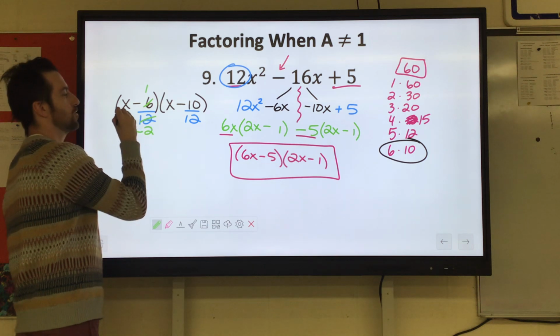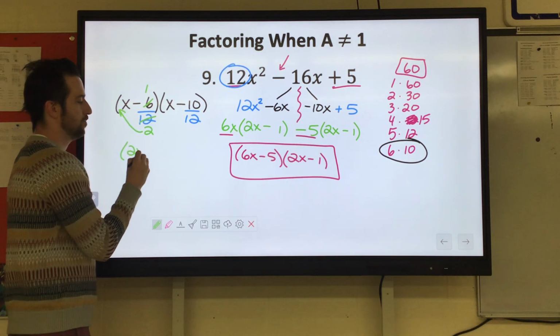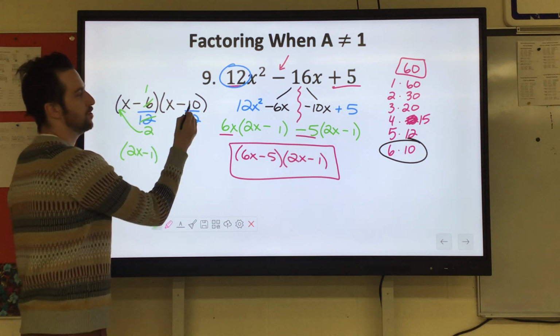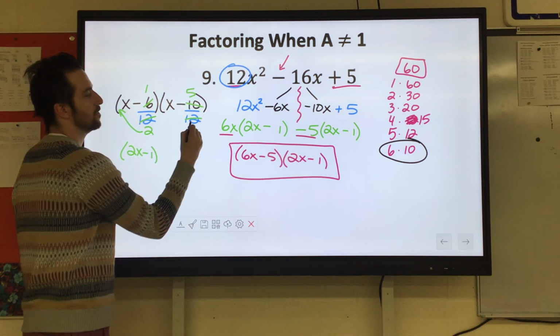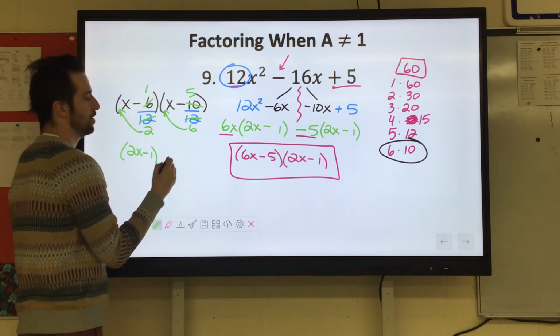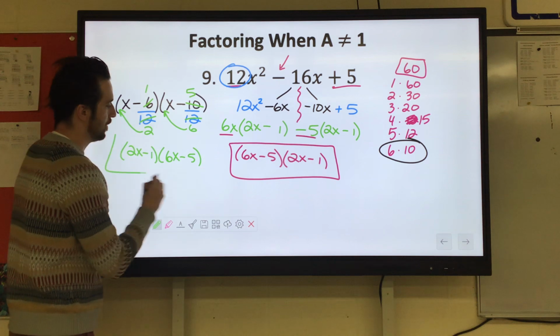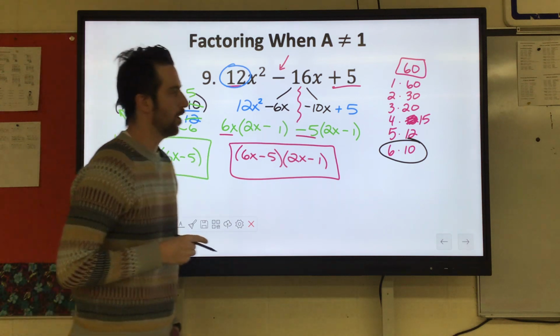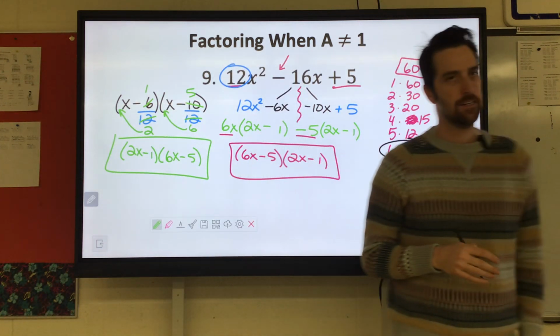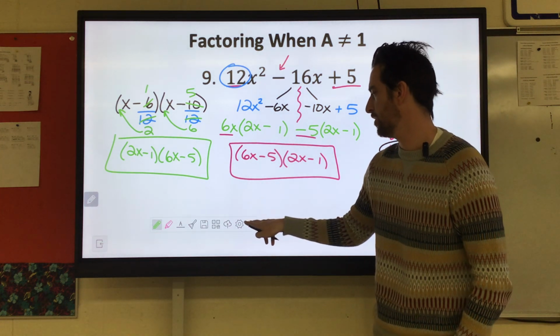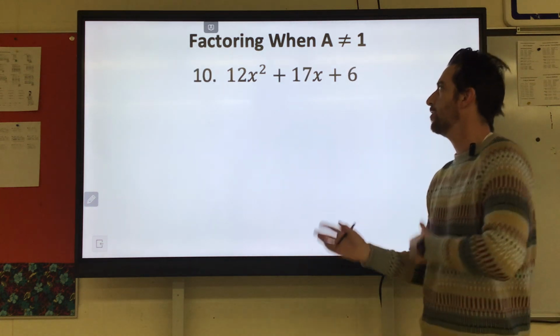The 2 will scooch to the front and become 2x minus 1. 10 and 12, you can divide them both by 2. 5 over 6. Bring the 6 to the front. 6x minus 5. Same answer. Whoa! All right. We have 3 more of these. We're cruising now. We're in the flow now.